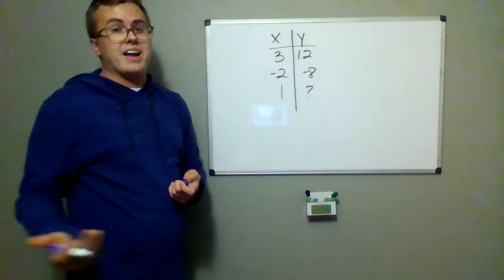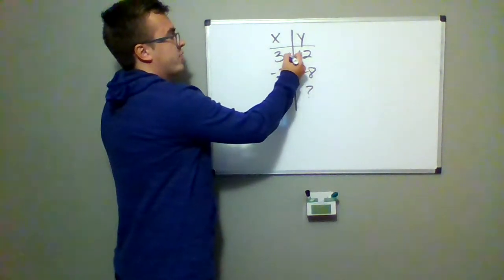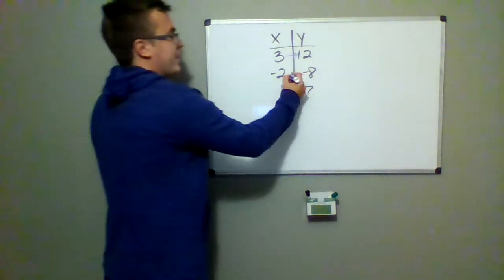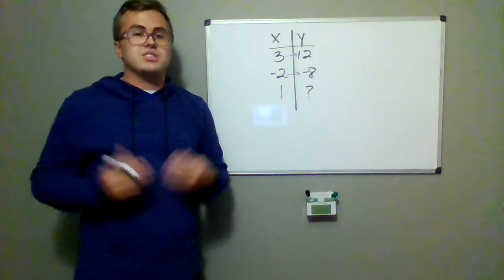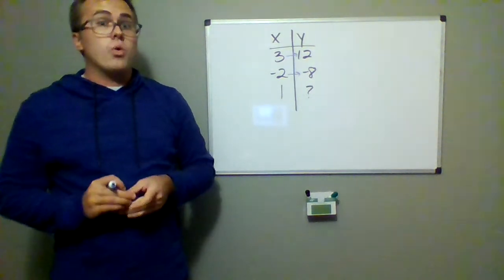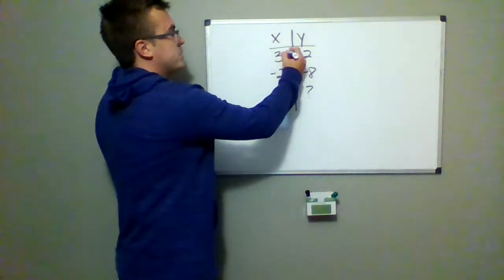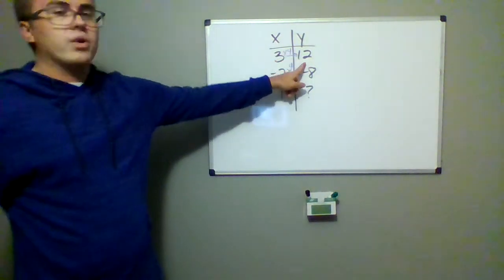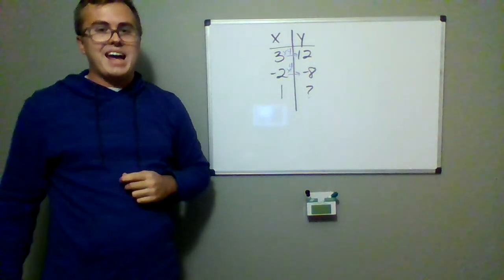The first pattern, and this should be a little bit more on the obvious side, is moving from x to y. When we move from x to y in our first two values here, you should notice that there's a constant pattern, or a constant of proportionality, in that we have to multiply by 4. 3 times 4 is 12. -2 times 4 is -8.